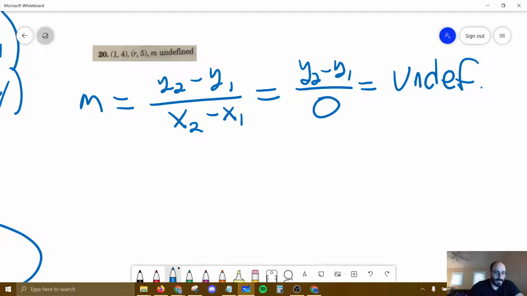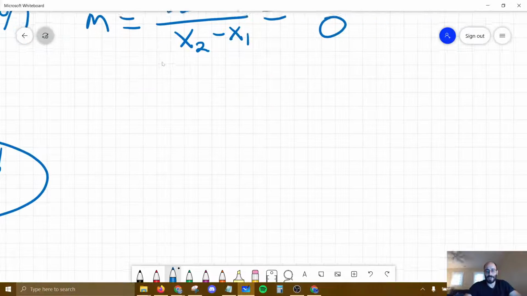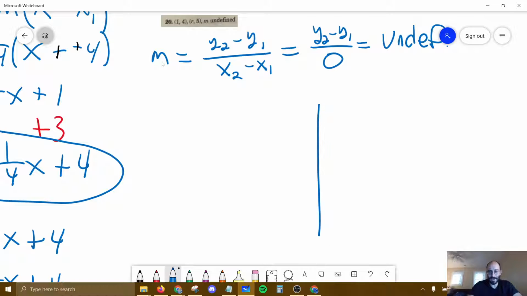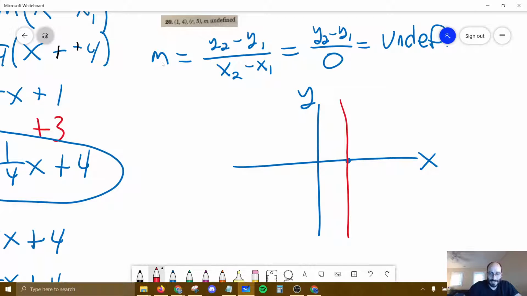What that means is if the slope's undefined, that means the change in x is 0. If you think about a graph, here you've got x and y. If y is changing, but x doesn't change, it stays the same, that means it's a straight up and down line. So a straight up and down line has undefined slope because there is no change in x.